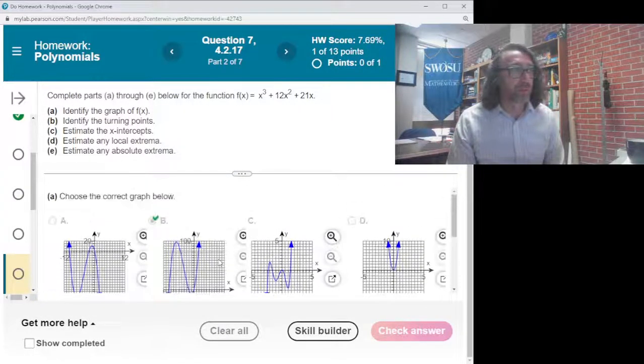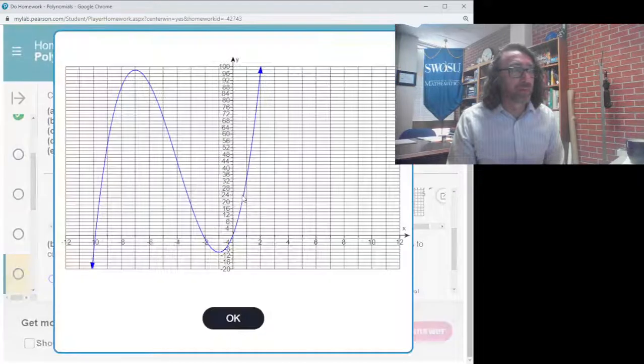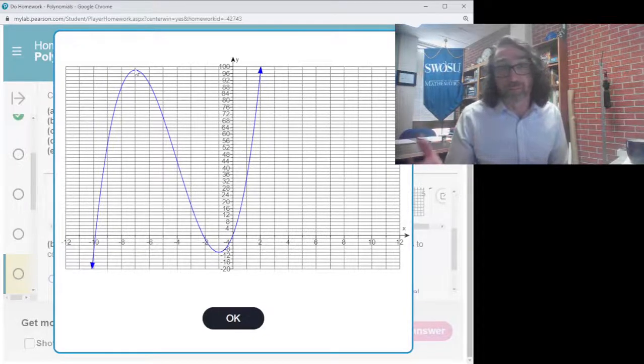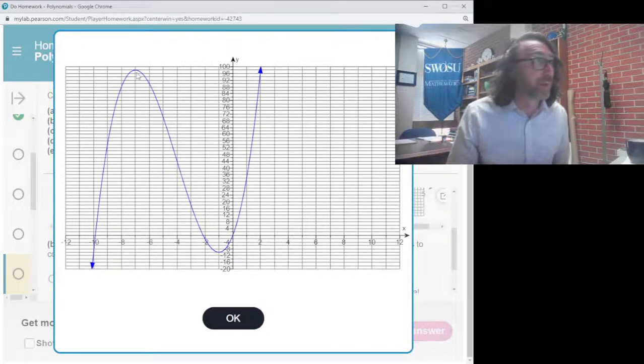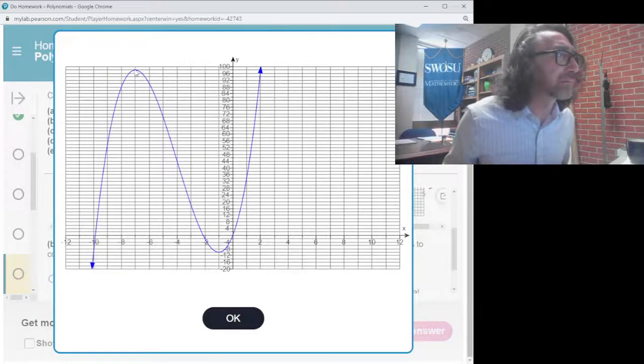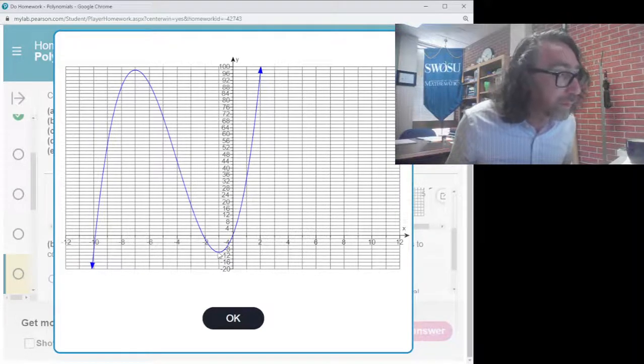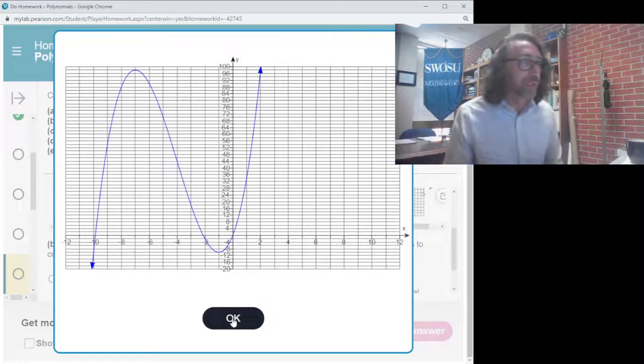Identify the turning points. Since we have figured out this is our graph, we can get the turning points really easy. We just need to look at the picture. I've got a turning point here at 7, 98, and another turning point at negative 7, 98, and another turning point here at negative 1, negative 10.